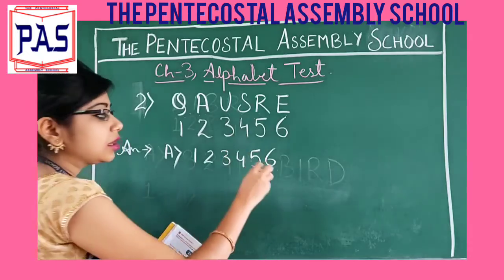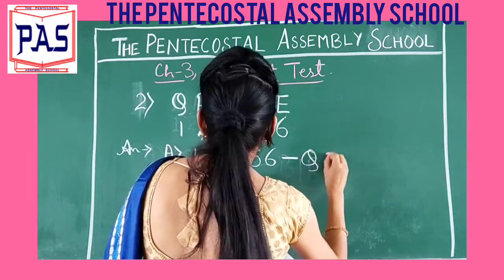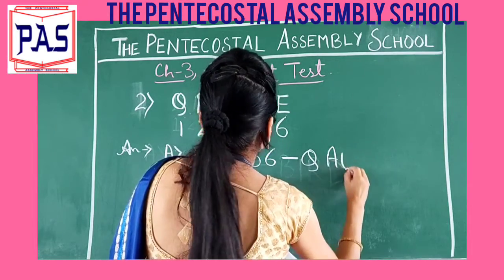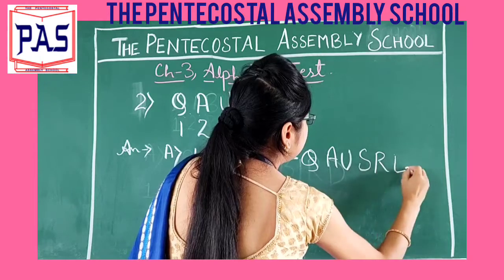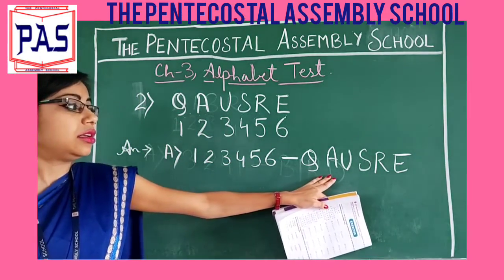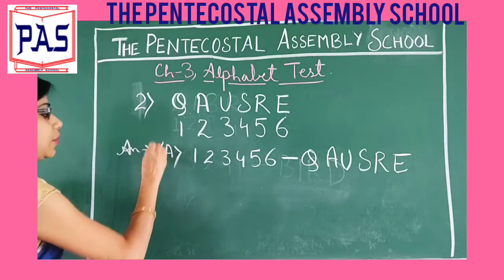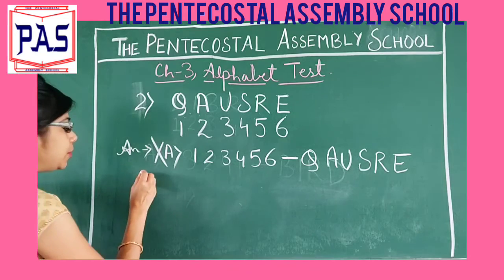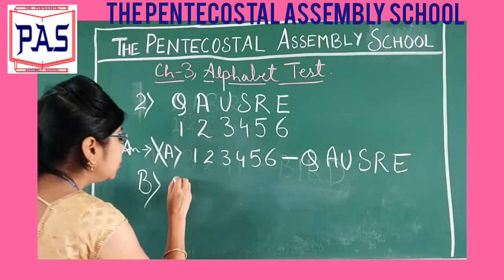So it will come again the same thing: Q, A, U, S, R, E. You can see, children, that this is not a meaningful word. So, option A will not be your answer. Let's check out option B.